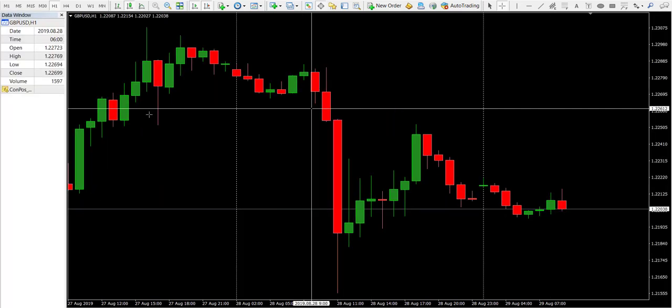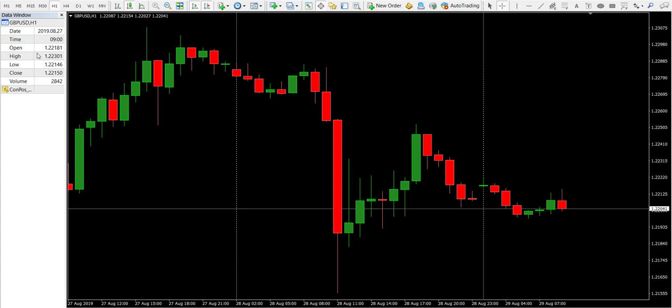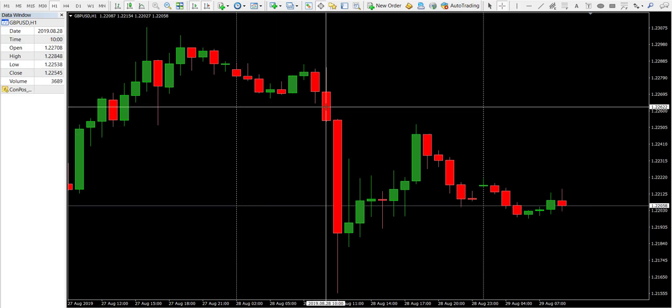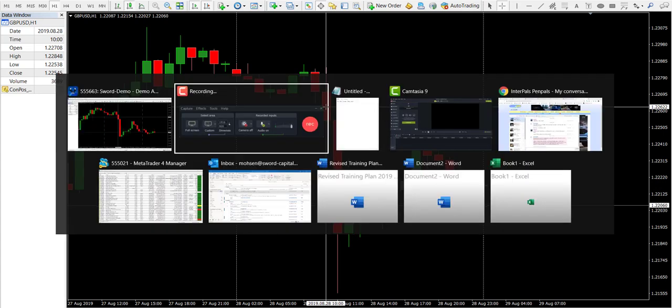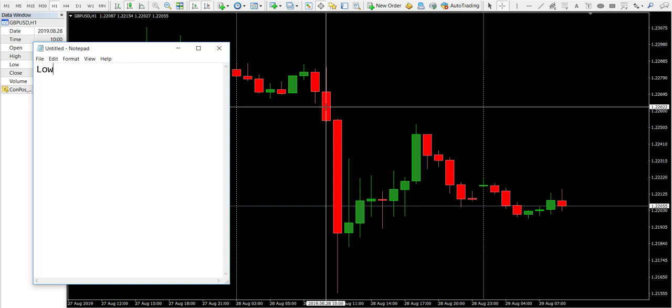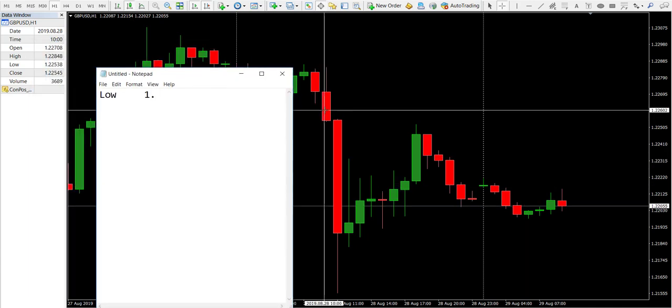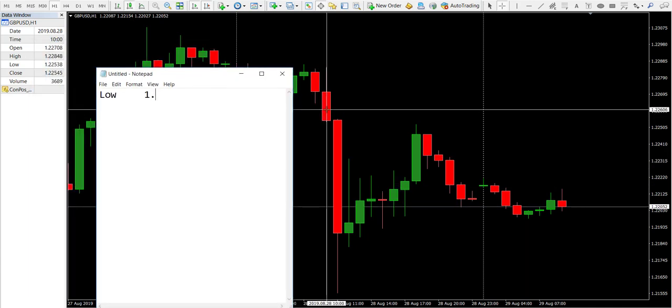I open my data box, you can see here, Control D. So the low of this candle is 1.2253, and the high is 1.2284.